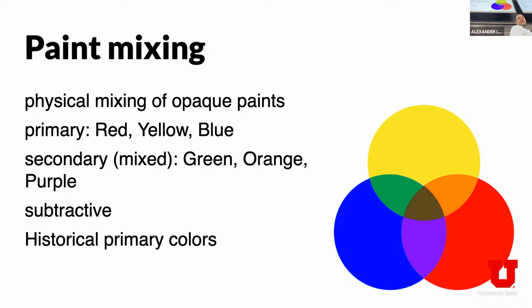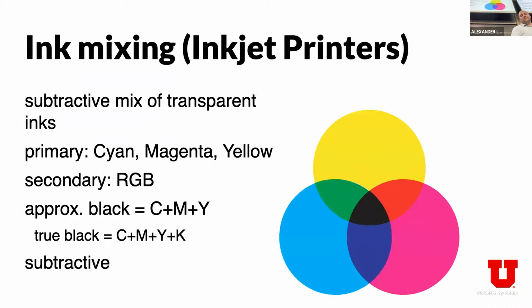These have been substituted to some degree by ink mixing, so subtractive mixing of transparent inks. And these colors are cyan, magenta, and yellow. They look like blue, yellow, and red if you think about this slightly naively.